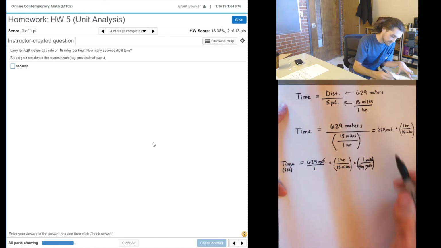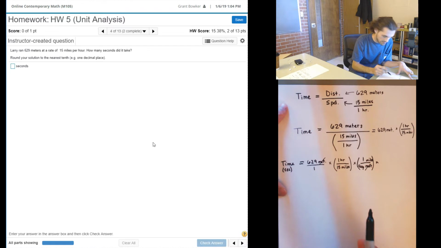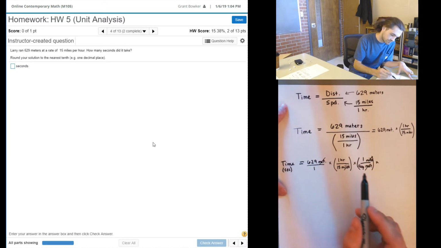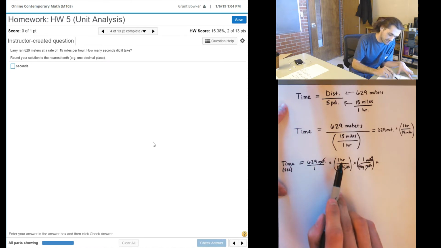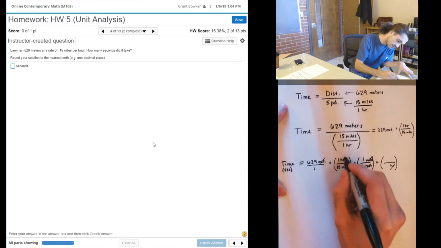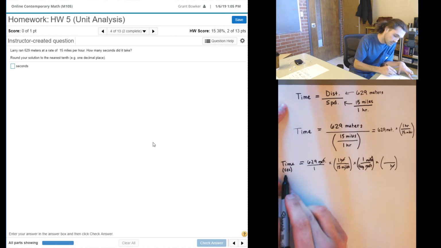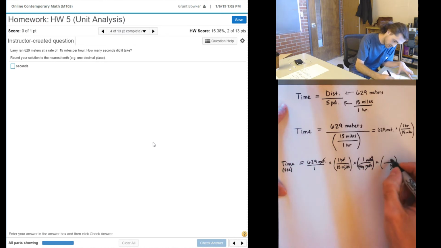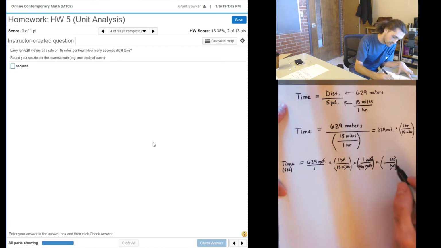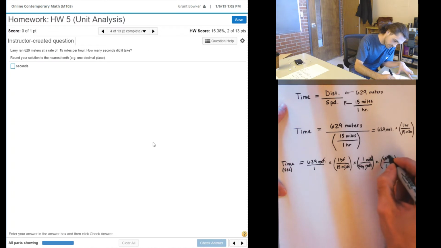Hopefully you can read this, or at least with the audio, decipher what I'm writing. So miles downstairs undoes miles upstairs. What remains is to get rid of this hour. Hours is upstairs, so I need to introduce hours downstairs. Hours downstairs undoes hours upstairs. What I do want out is seconds, so for every 1 hour, I have 3,600 seconds.